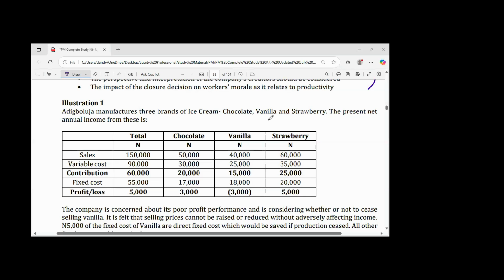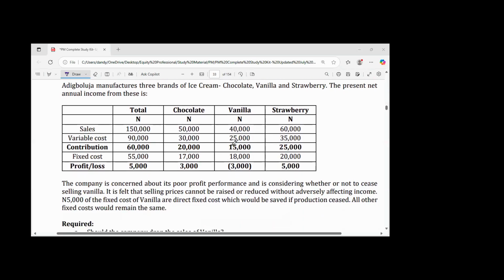Good evening, everyone. Illustration 1. Adebolucha manufactures 3 brands of ice cream, chocolate, vanilla, and strawberry. The present net annual income for these is as stated below in the table.